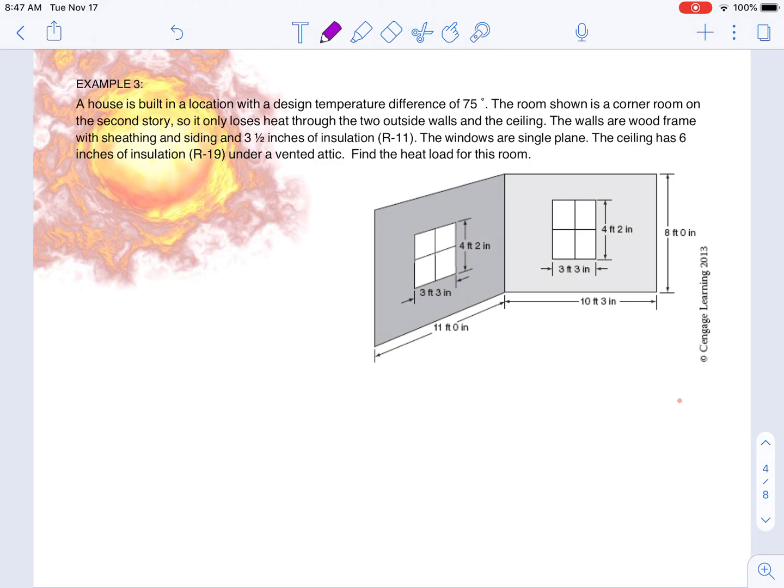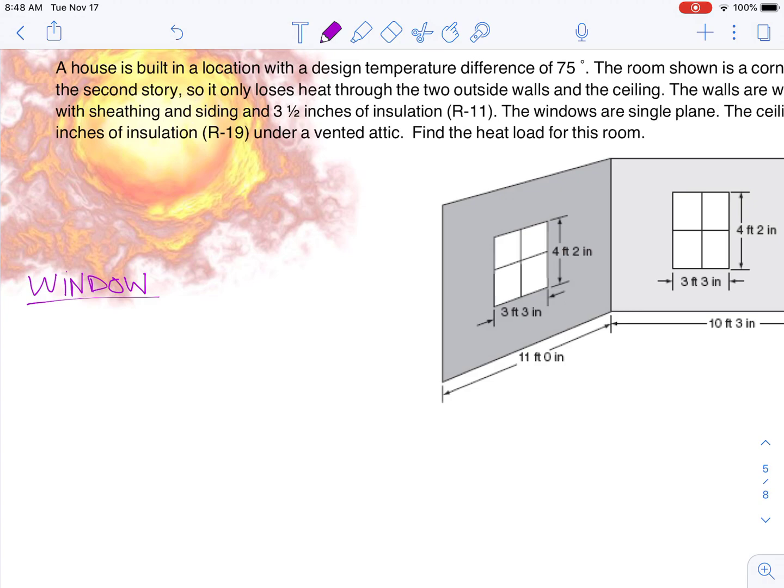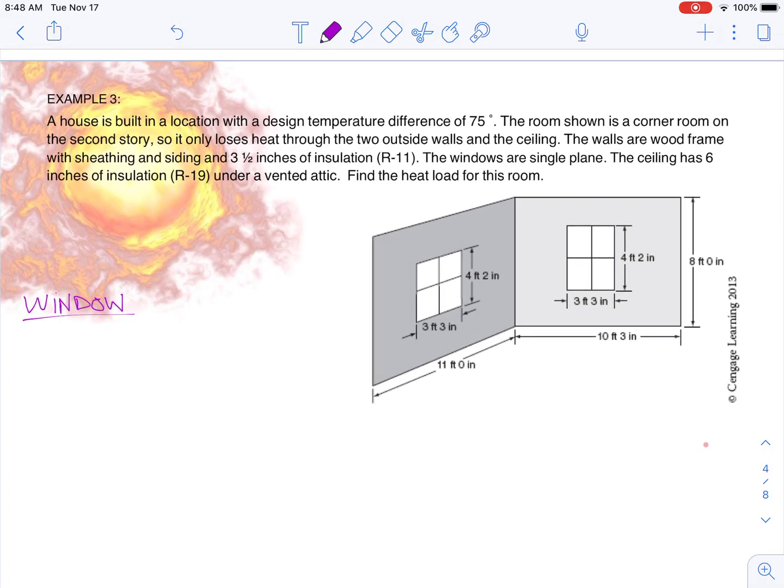So when we go to do our calculations, good advice is to always do the windows first. And we need to find the area of the windows. Because these examples have feet and inches, we are going to use a little cheat sheet that we made a couple weeks ago.